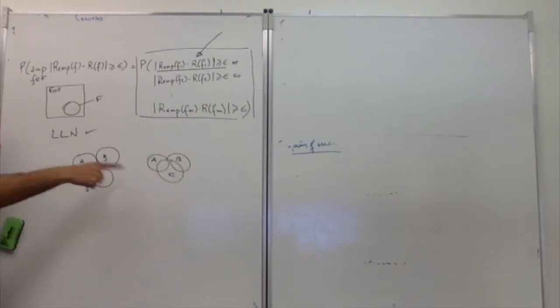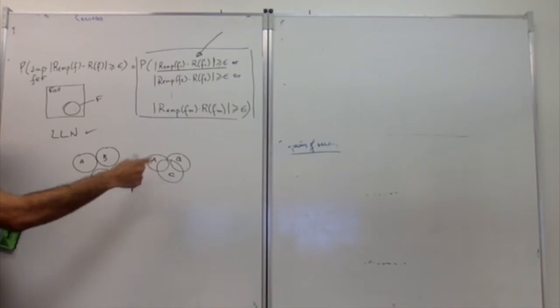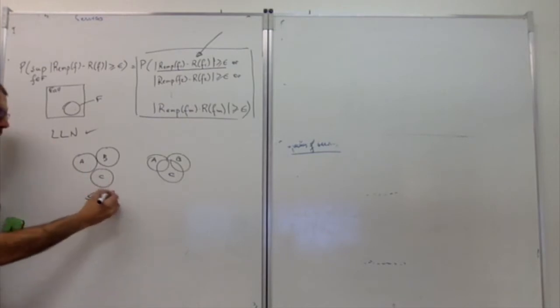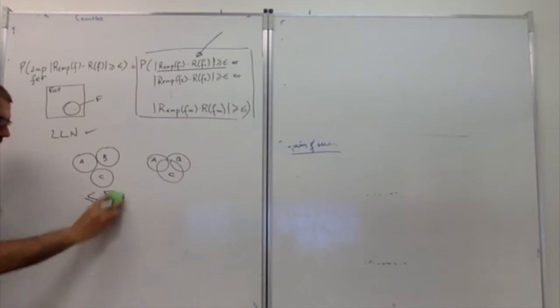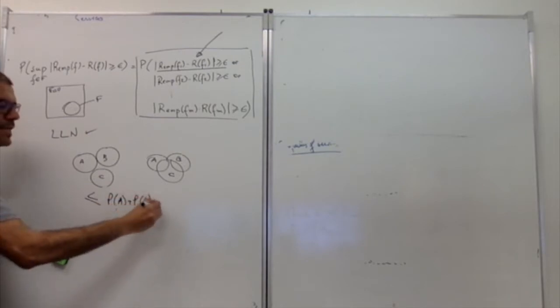In terms of probability, if I have either A, B, or C happening, the total probability is always upper bounded by the sum of all those probabilities, the probability of A plus the probability of B plus the probability of C.